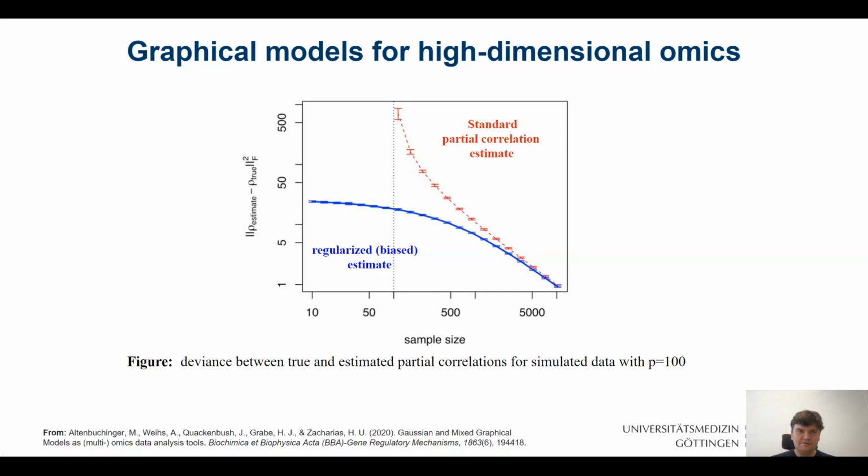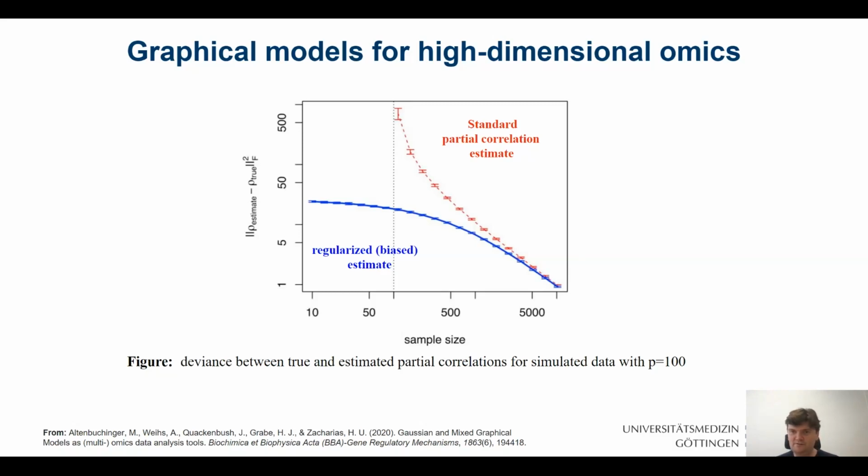Where a lot of research happened in the last years is how we can still infer reasonable partial correlations, and what people usually do is a so-called regularized estimate. That's basically you induce a systematic bias on your estimate, which tells the algorithm, I do not expect too many meaningful associations. So it basically biases everything towards simplicity.